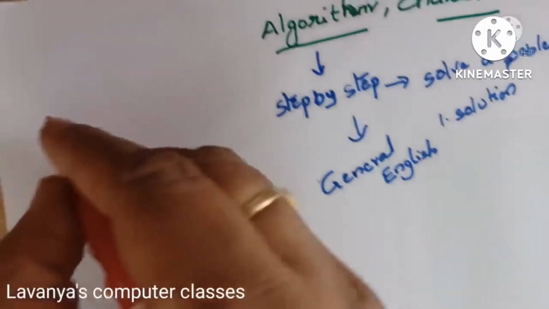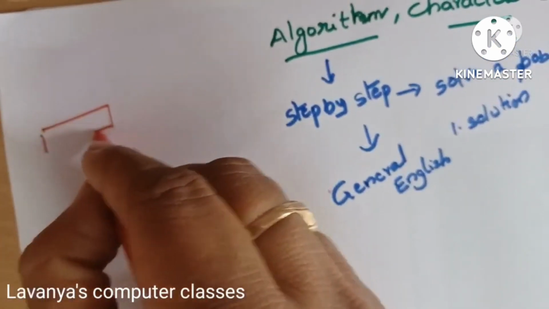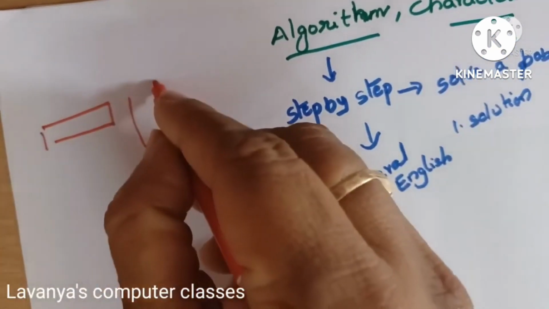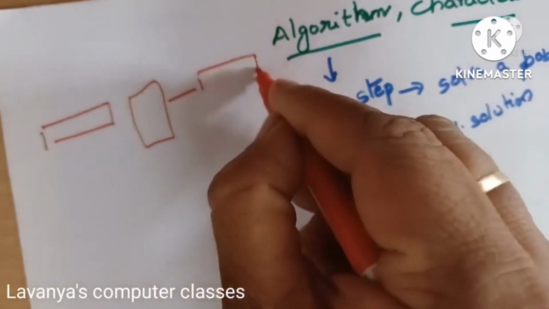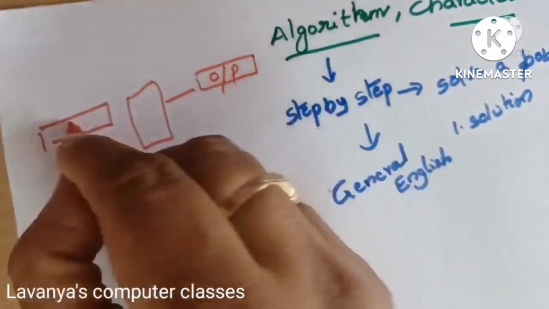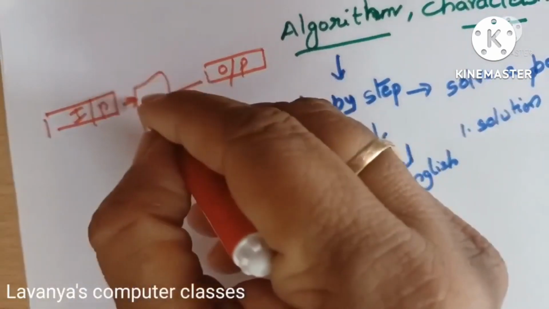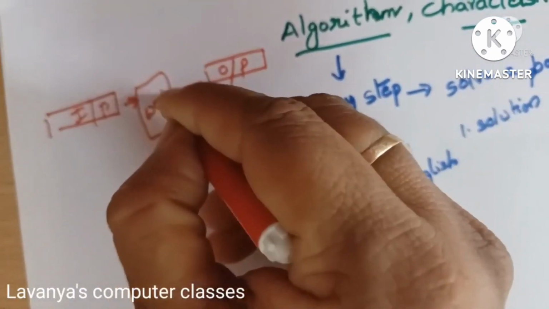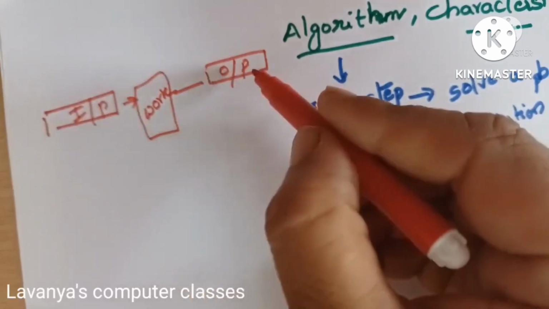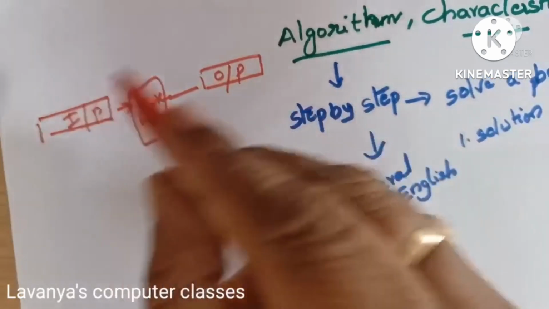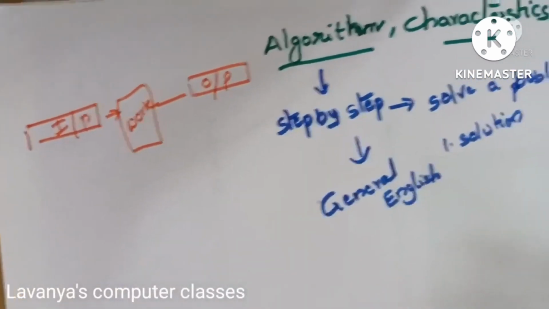In a computer block diagram, we need inputs and outputs. How do we get outputs? First we take some inputs, then we do some work. That work is called processing. After processing, we get the output. Input means whatever elements you have to give.